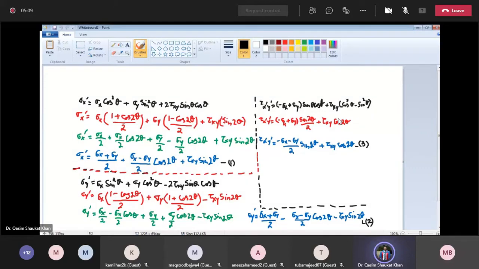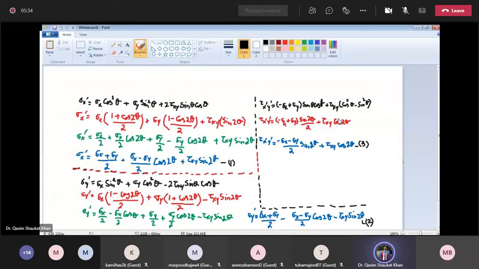The third expression was tau x dash y dash is equal to minus sigma x plus sigma y times sin theta cos theta plus tau xy times cos square theta minus sin square theta. Fine. So these three expressions, written in black, we have derived last time.